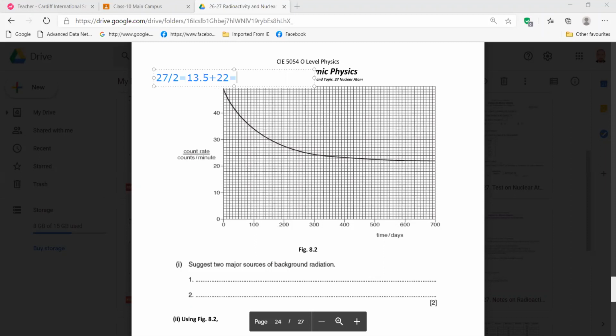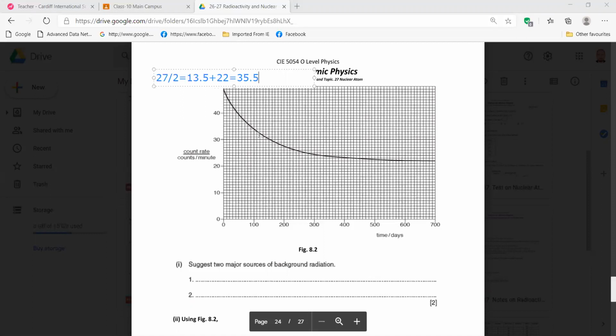Okay, very good. Then we write 35.5. Check here where we are getting 35.5. That one is your half-life. Do you understand?